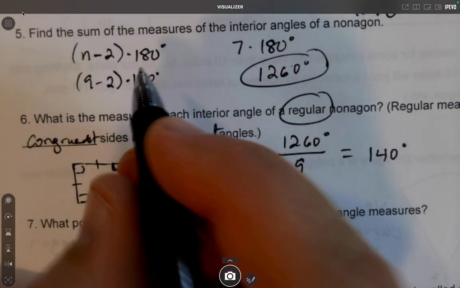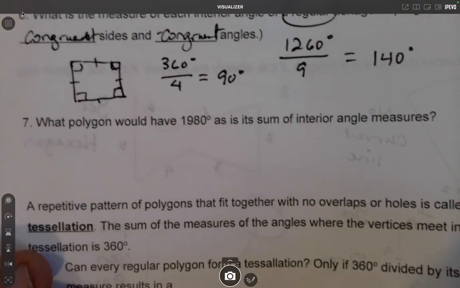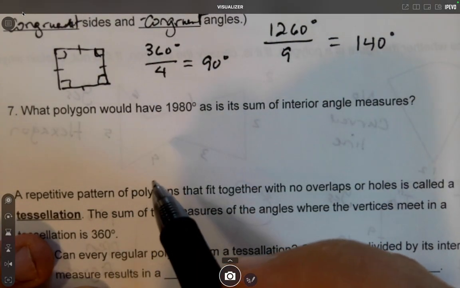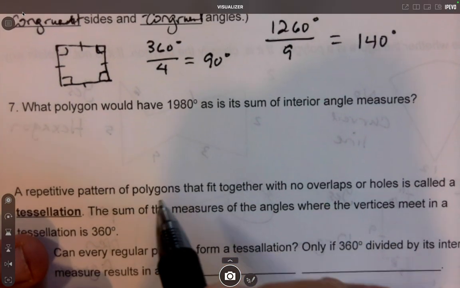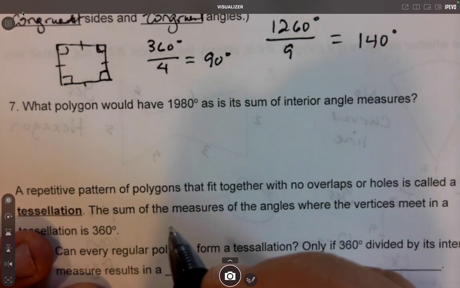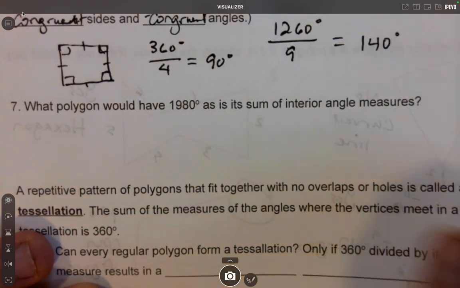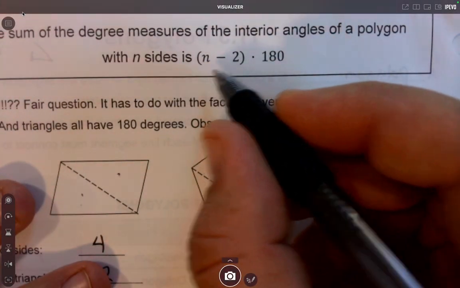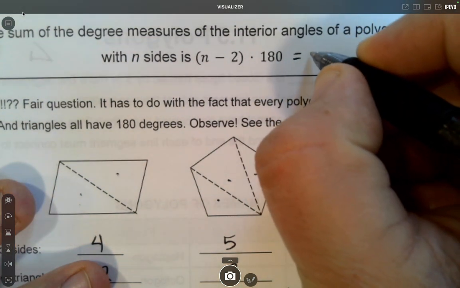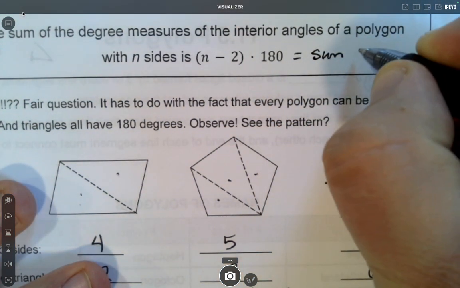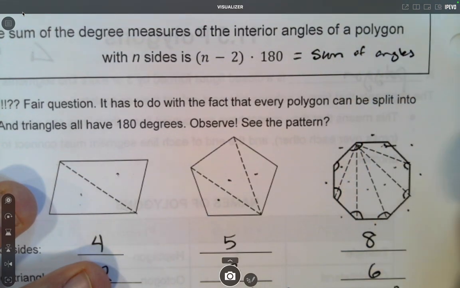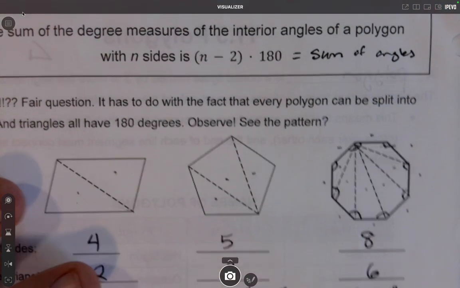And with the formula n minus 2 times 180, you can also figure out, based on the number of degrees, what the shape would be, or how many sides the shape has, I should say. Because one thing I didn't do up here is say n minus 2 times 180 equals the sum of the angles. So I'll just use an S for sum.